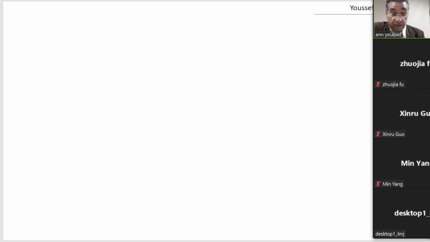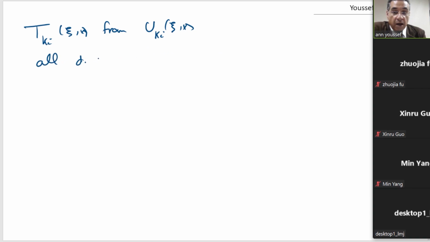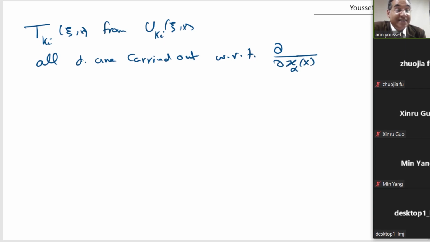In the previous part we obtained the traction T_ki of xi and x from U_ki of xi and x, and during this all derivatives were carried out with respect to the coordinate of x. Why is that?